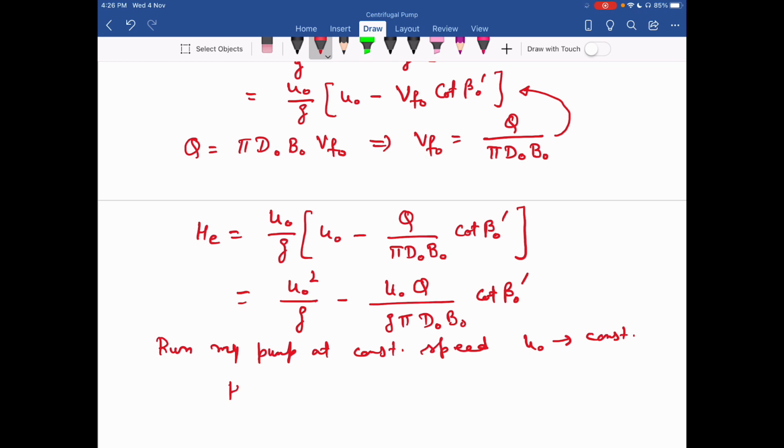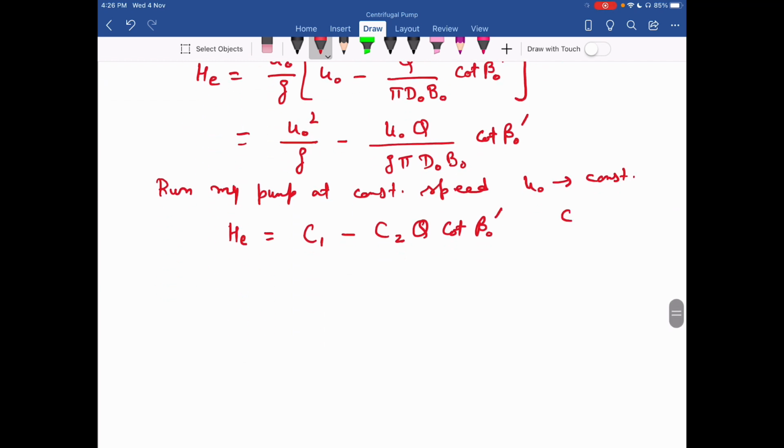So therefore again I can write H_E as a constant C1 minus a constant C2 Q cot of beta_o dash, where C1 is U_o square divided by g and C2 is U_o divided by g pi D_o B_o.